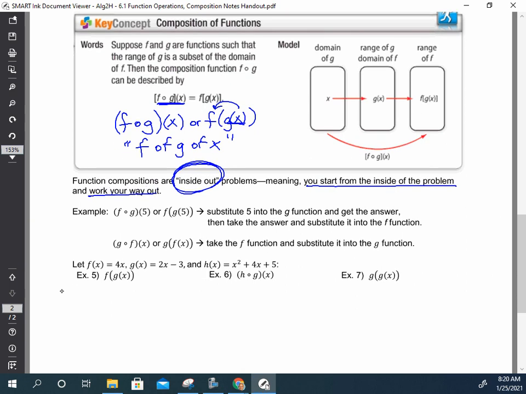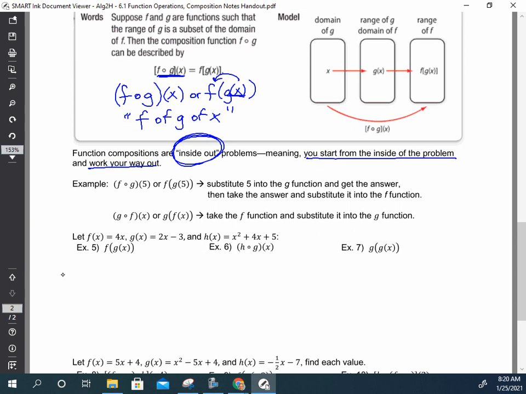So before we do a couple of examples, let me go through the interpretation of problems of this type. For example, if you were asked to plug in a number, which you will, this is f of g of 5.